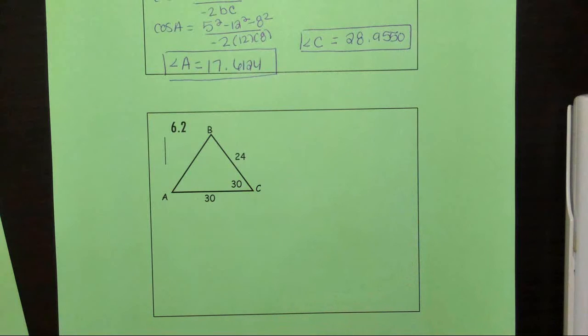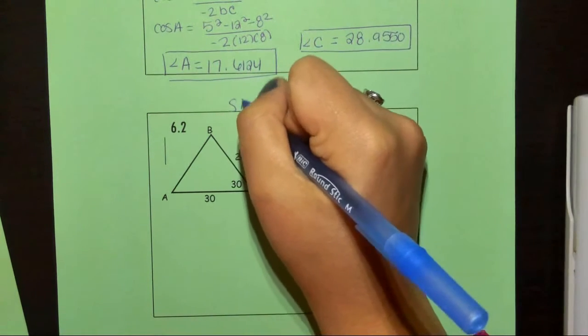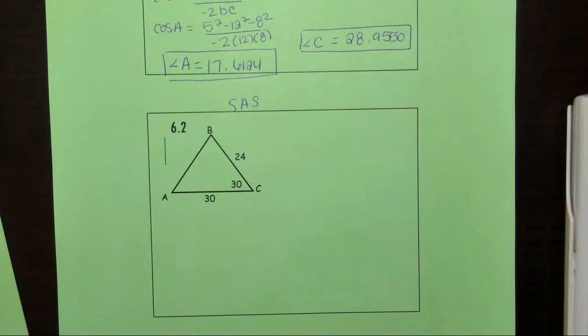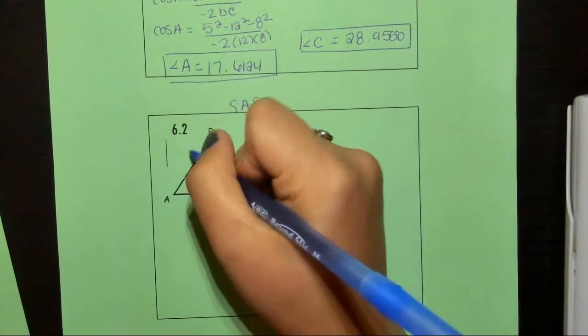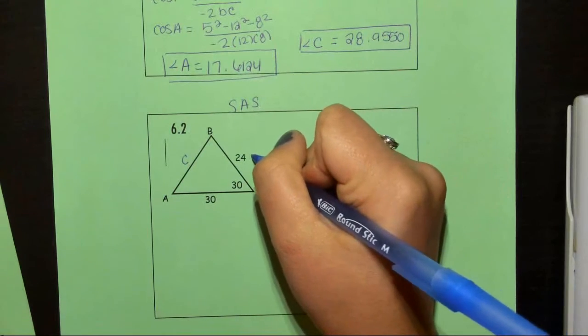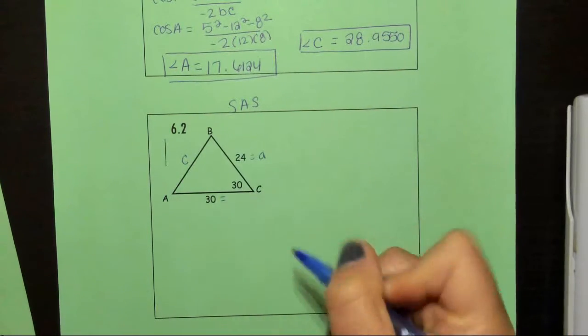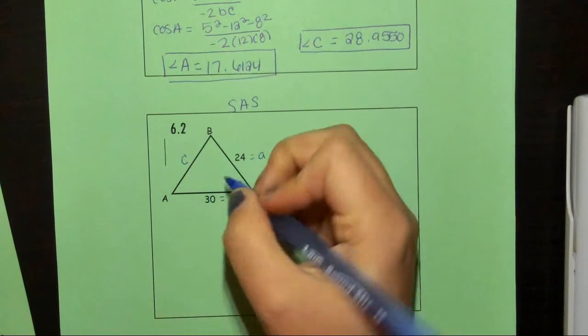Okay, here's another one. It's a side angle side example. So for side angle side, you need to solve for that missing side that you have. In this case, it's our side C. 24 is our side A, and our side B is 30.